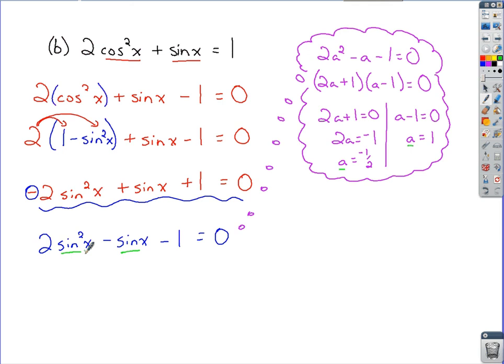So I could let the sine of x equal, well, 1a equaled negative 1/2, so I'll let that equal negative 1/2. And since this a equals 1, I could also let the sine of x equal 1. Now we're ready to drop the sine stuff, so to drop the sine stuff, we take the inverse of each side.